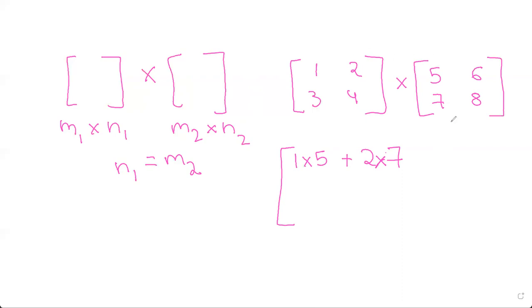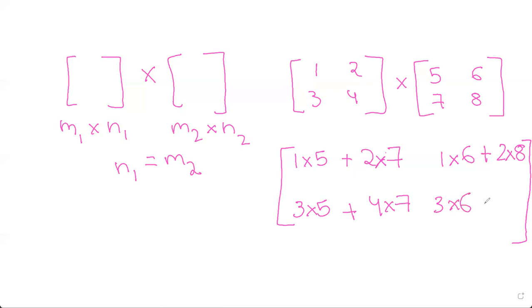So 1 into 5 plus 2 into 7. And then the second entry will be 1 into 6 plus 2 into 8. And now here it will be 3 into 5 plus 4 into 7. And then finally 3 into 6 plus 4 into 8. So we can solve this and we'll get the answer for the multiplication of these two matrices.